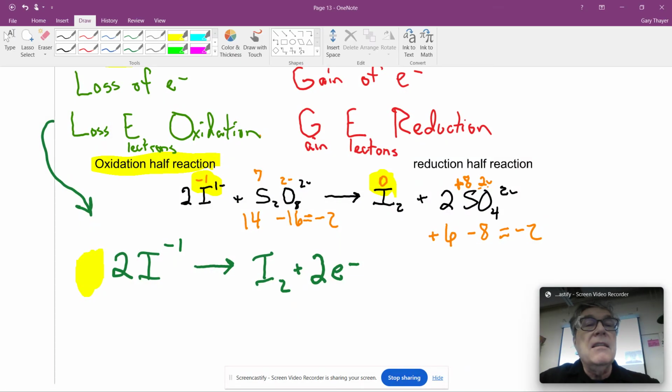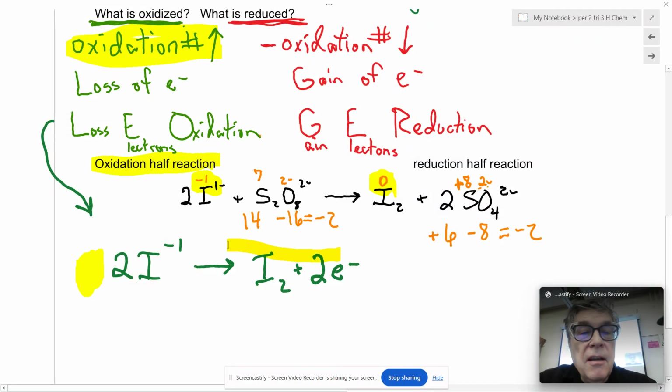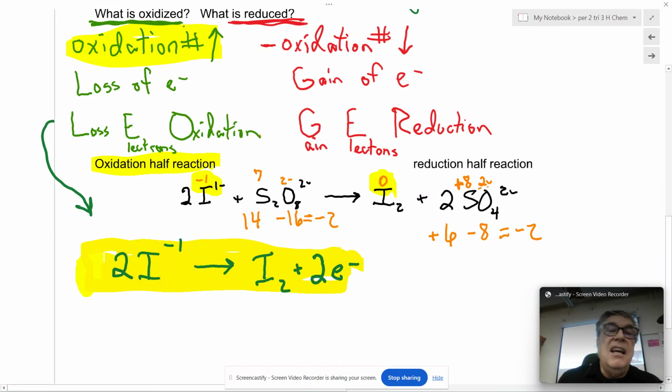So this entire half reaction that we just sketched, that is called the oxidation half reaction.